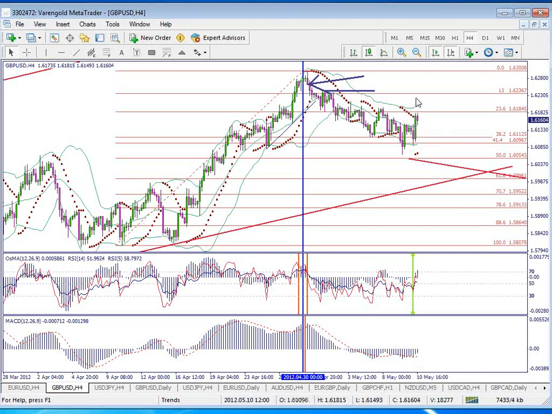So now the pair was close to 23.6 level of Fibonacci and reversed. It's possible to have one swing between 23.8 or 41 and even to try to test this inferior line of the channel.